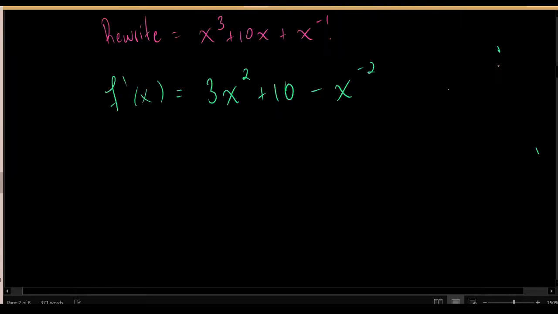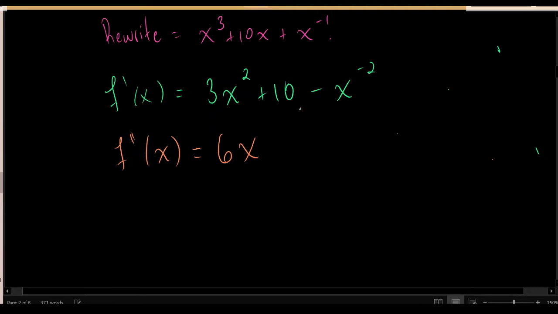Now, to find the second derivative, all that I need to do is find the derivative of f prime. So I'm finding the derivative of 3x squared plus 10 minus x to the negative 2. For 3x squared, the 3 becomes a 6 after it's multiplied by 2, and the x squared becomes x to the first power.